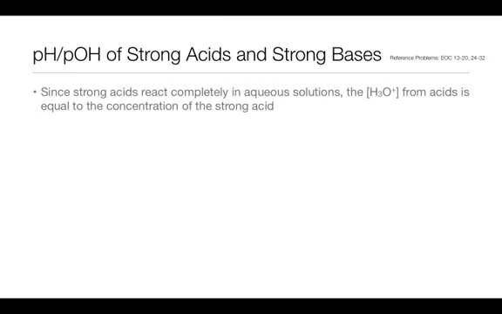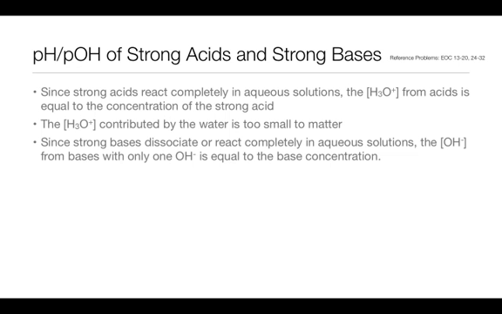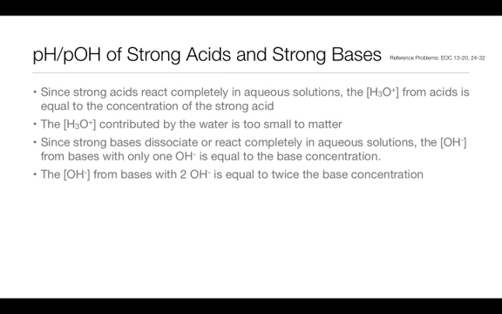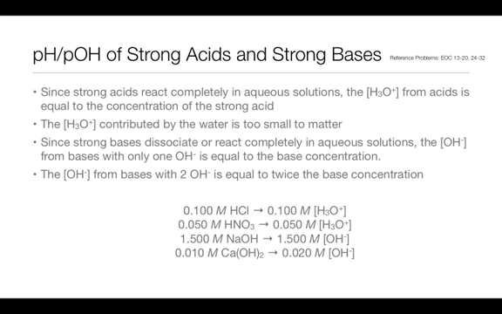Since strong bases dissociate completely in aqueous solution, the hydroxide ion concentration from the base is going to equal the base concentration as long as it has only one hydroxide. If the formula has two hydroxides, the concentration of the hydroxide is going to be twice the concentration of the base.